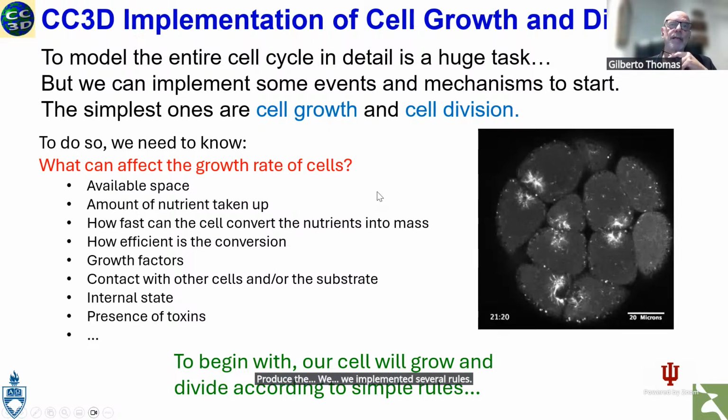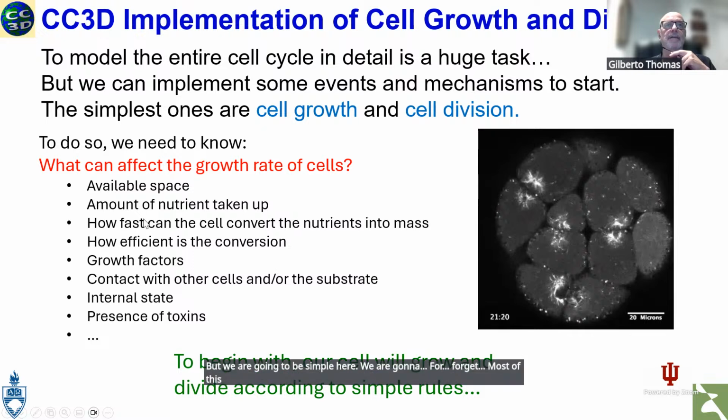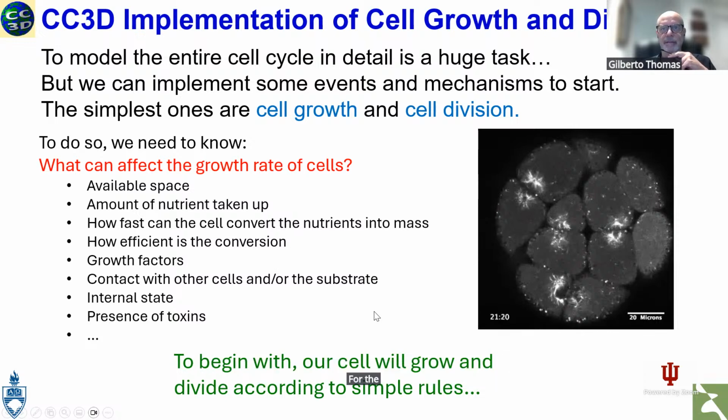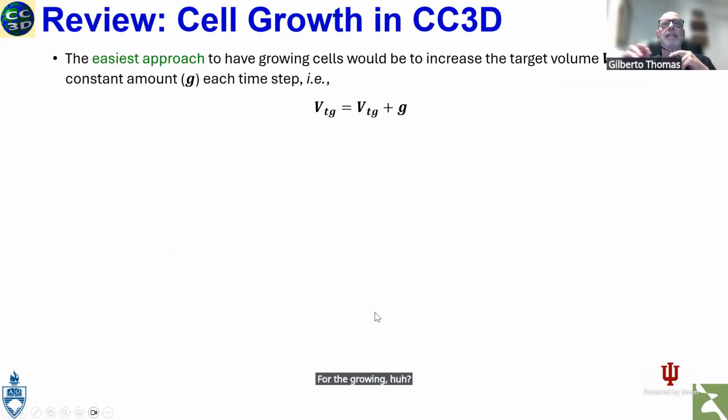But we are going to be simple here. We are going to forget most of these items here, and establish some very simple rules for the growing. Let's say the following. When we define the cell, we define a target volume for the cell.